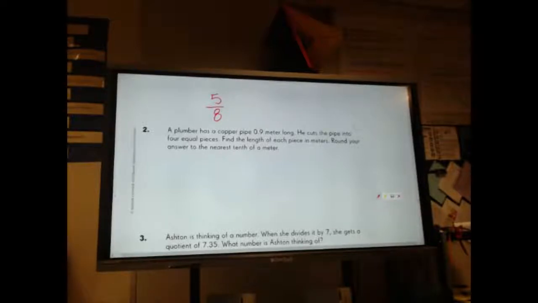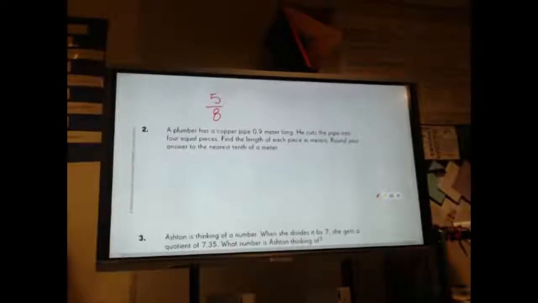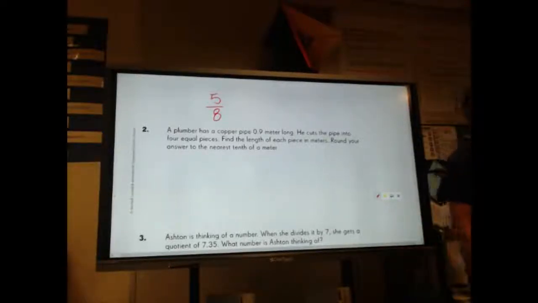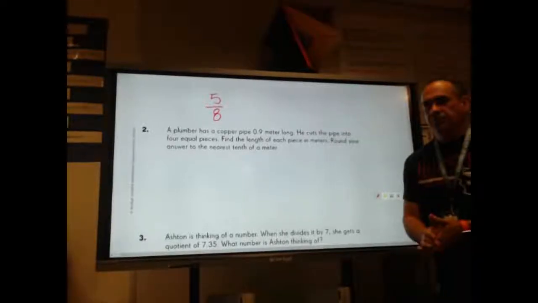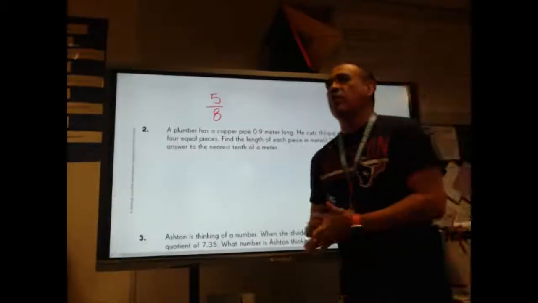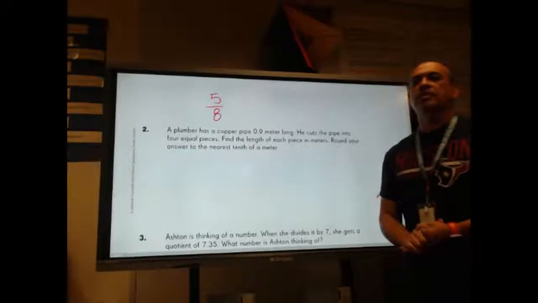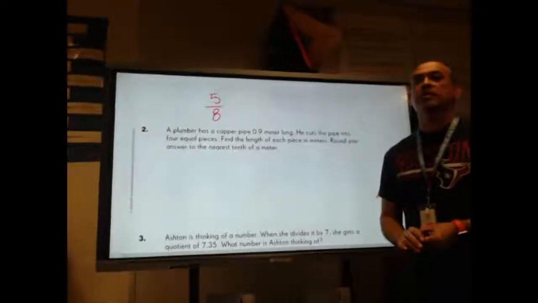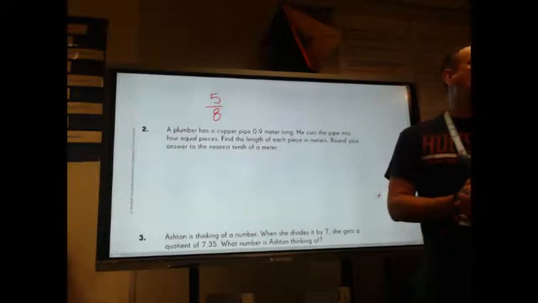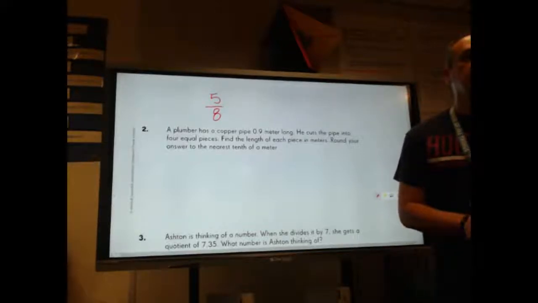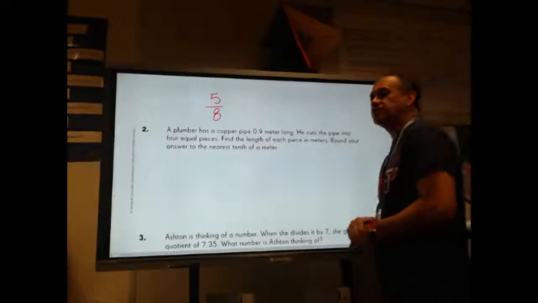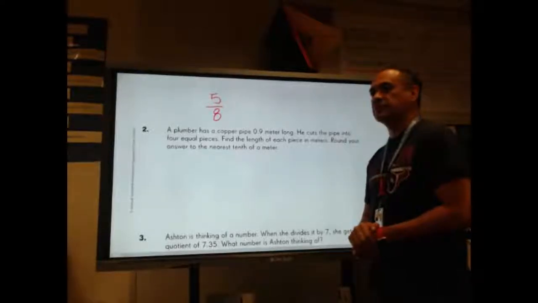Carlos, what did your partner say? Okay, that sounds really good. What about Henry? What did your partner say? Okay, anybody want to share? Divide the numerator by the denominator.